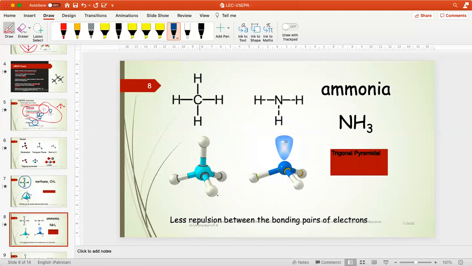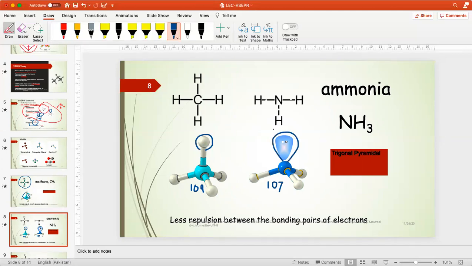Ammonia. Now compare the things with ammonia. This is the comparative analysis of two structures. यहाँ angle, here the angle is 109, okay? Here the angle is 109 and here the angle is 105, 107, right? Now you can see the area which is covered by the hydrogen and the area which is covered by the full lone pair.